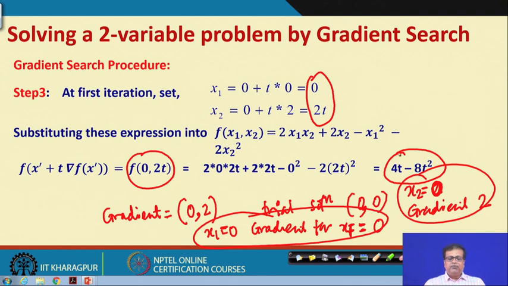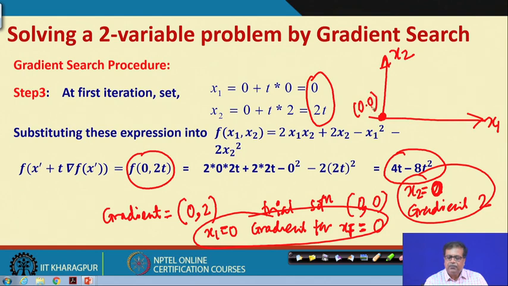So, look here at what we found. Graphically, this side is x1, this side is x2, and this is our initial trial point 0 0. From 0 0 we have come to a new point which is 0 2t.